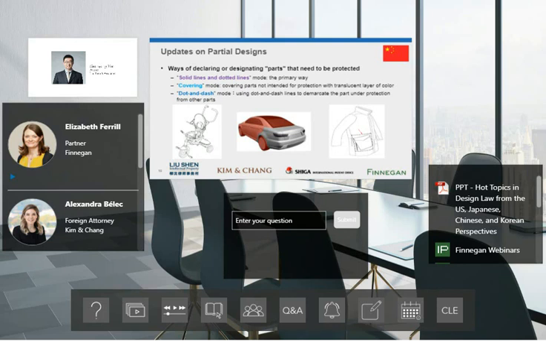And another way is the dot and dash mode. This mode uses dot and dash lines to demarcate the part for protection from the other part. So here are some examples.